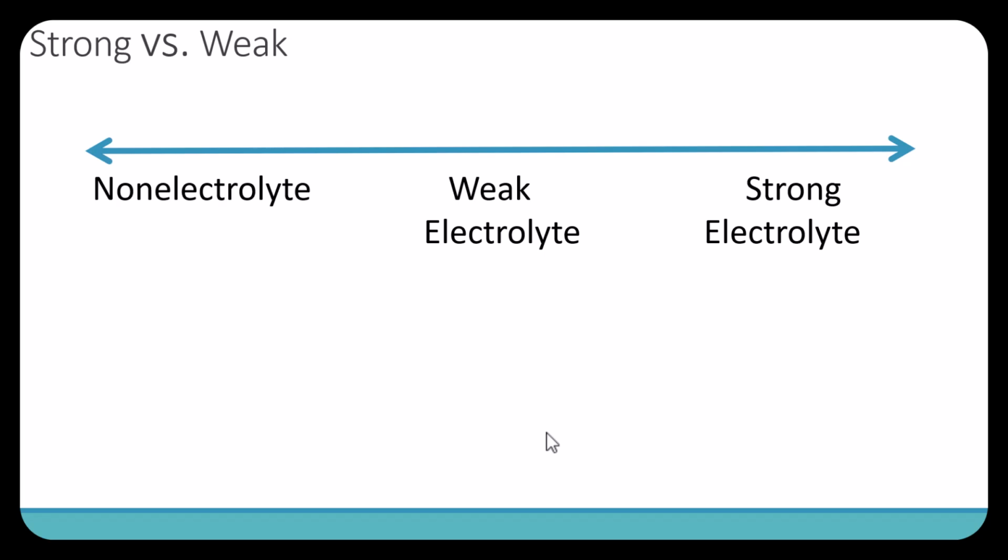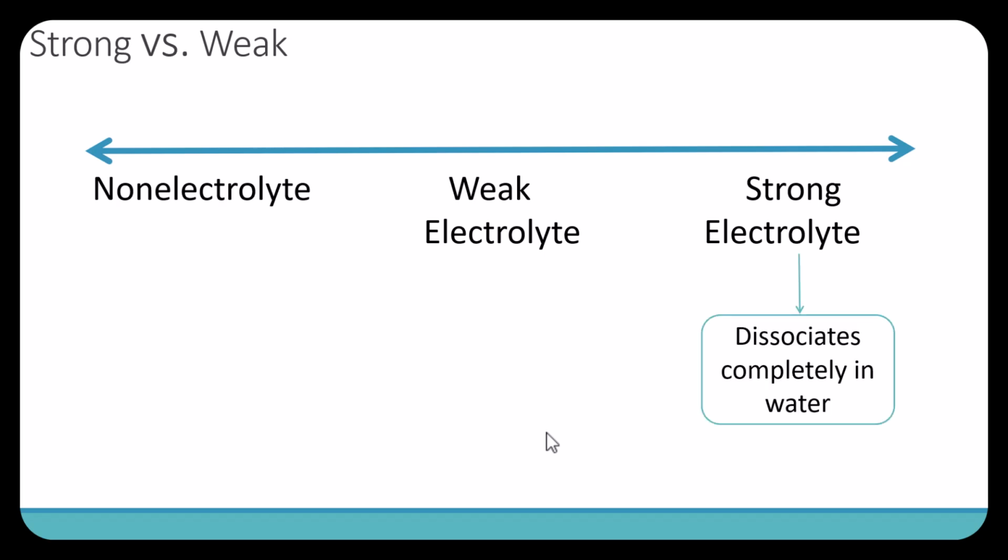So what's an electrolyte? I'm so glad you asked. Remember, electrolytes are just simply ionic compounds that dissolve in water. So if I had a strong electrolyte and dropped it into water, that strong electrolyte would completely dissociate or break apart into its ions.